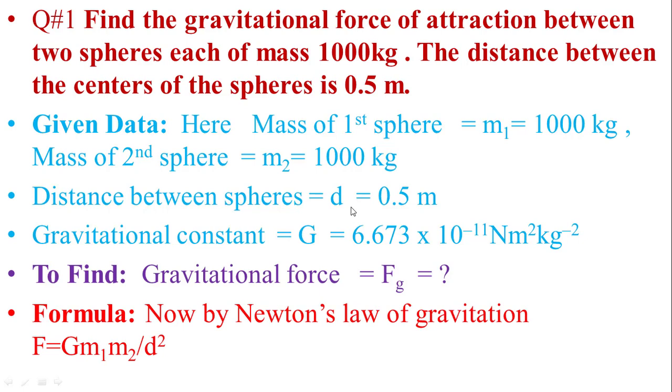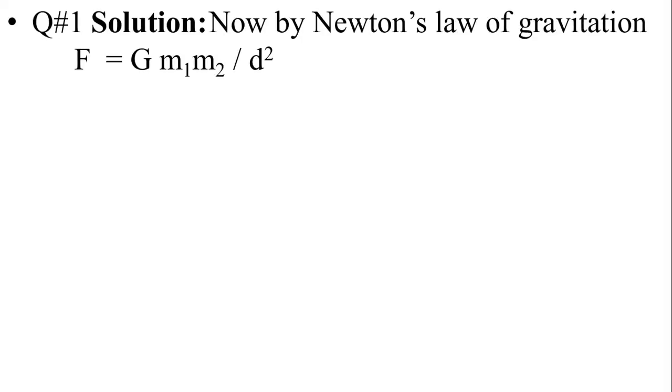Now the formula by Newton's law of gravitation, F is equal to G m1 m2 upon d square. Solution: by Newton's law of gravitation, F is equal to G m1 m2 upon d square, putting the values.